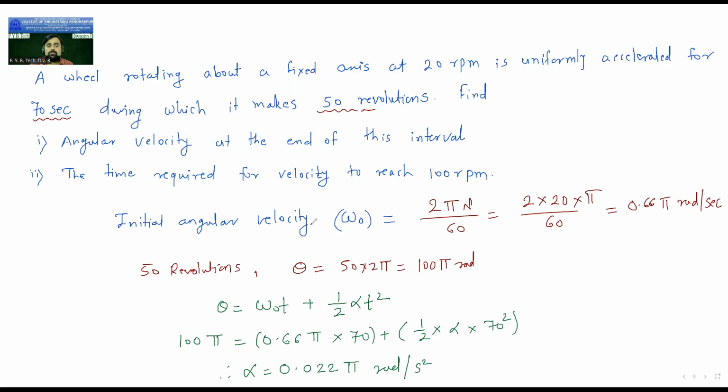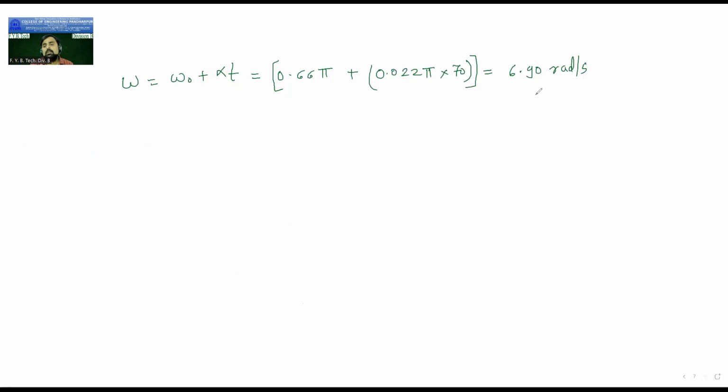So this first part is completed now: angular velocity at the end of this time interval is 6.9 radian per second.